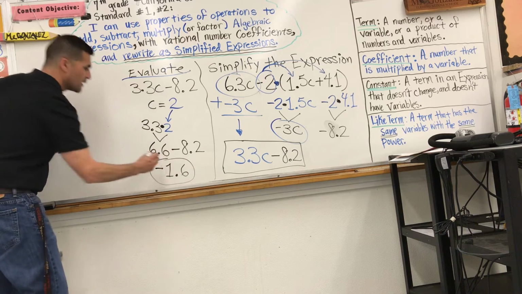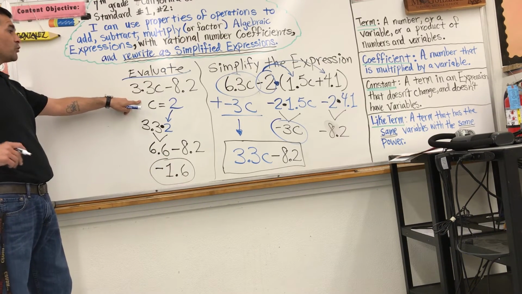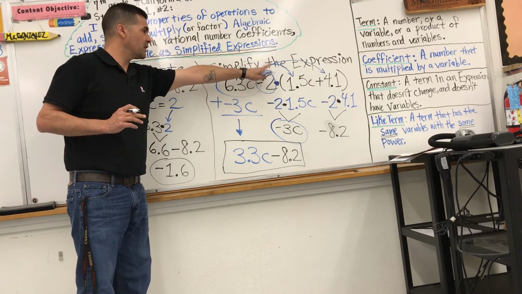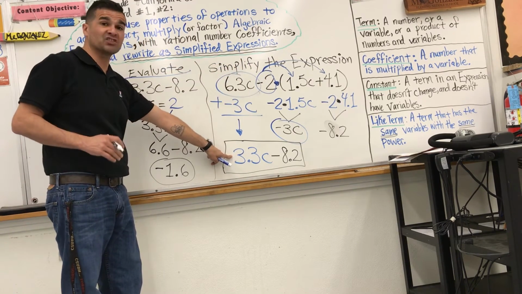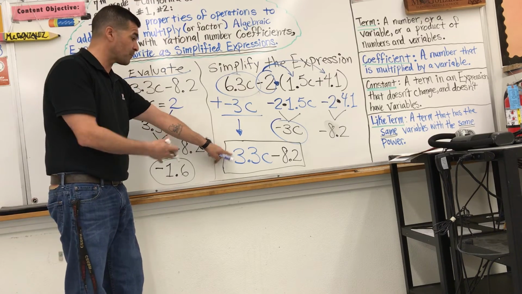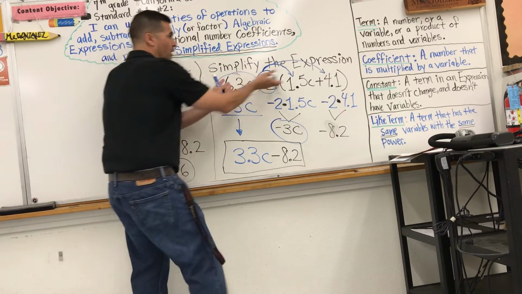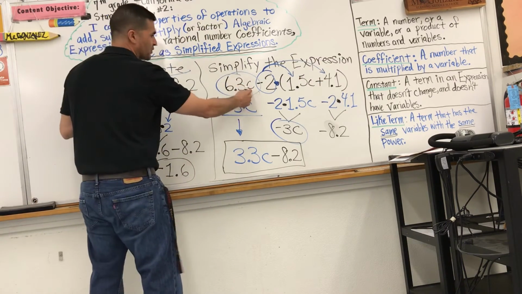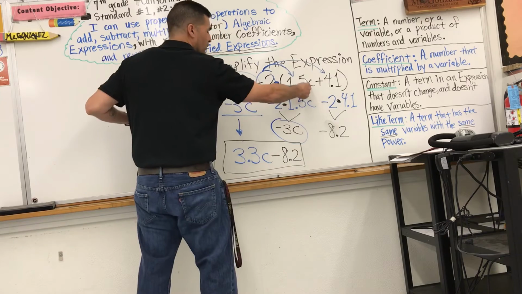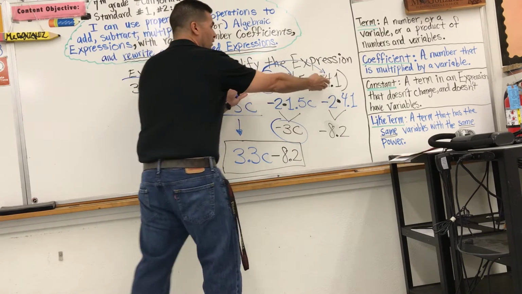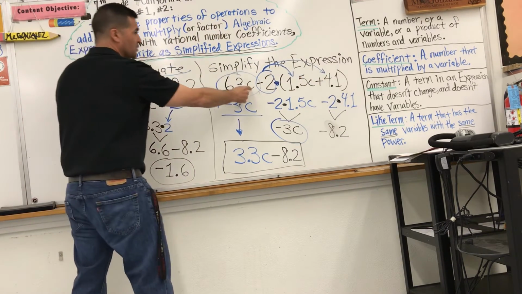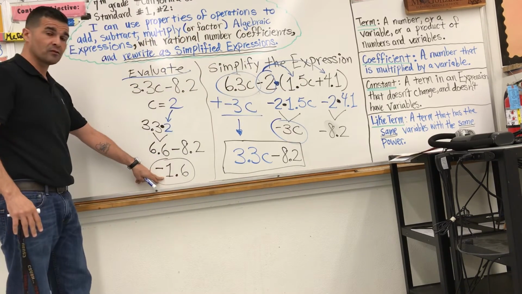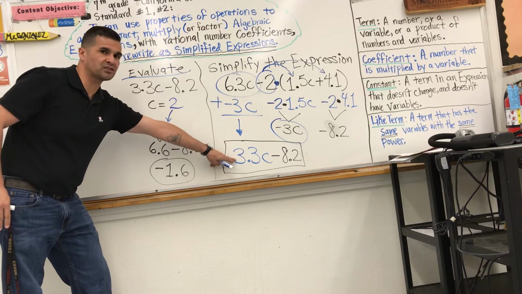When you evaluate, you can see that we simplify an expression to get a simplified, smaller, shorter expression. And instead of using this long expression and saying, okay, c equals 2, let me replace 2 here, let me replace 2 here, it's going to take you a lot longer. Then you can get this answer, but it's shorter to use this expression.